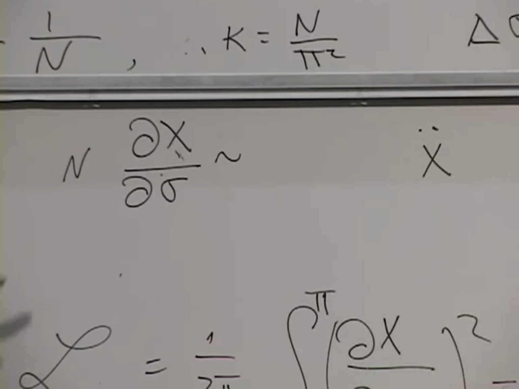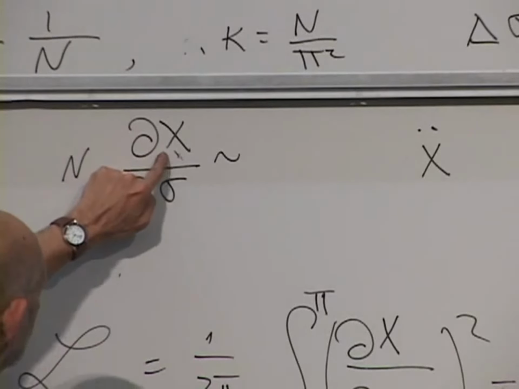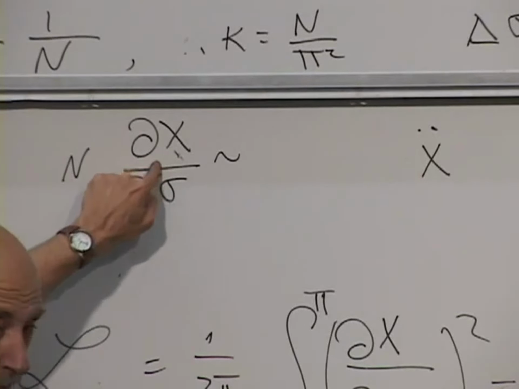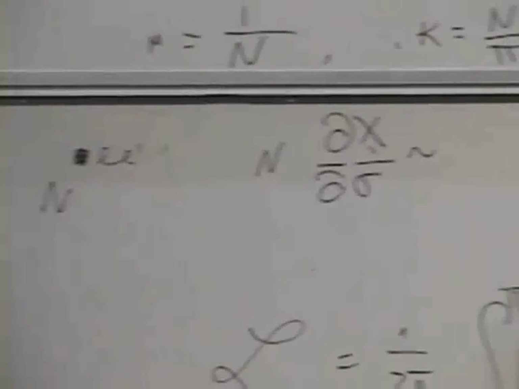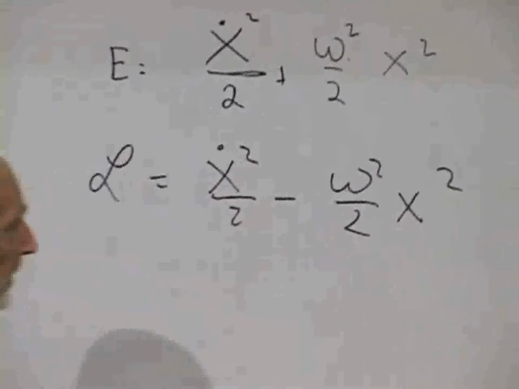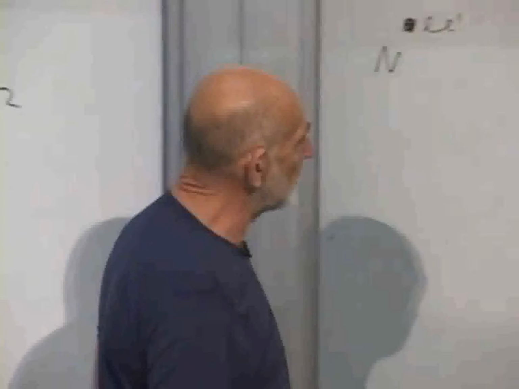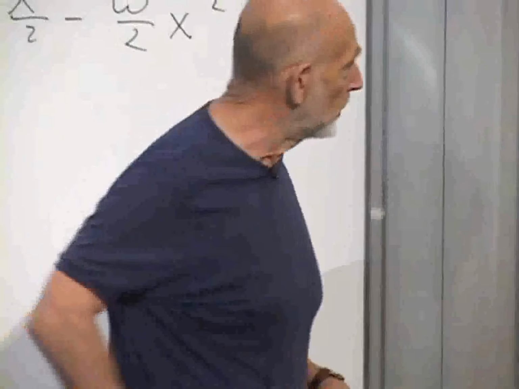The answer is that the right boundary condition at the end of the string is Neumann boundary conditions. So in order to prevent infinite accelerations, which are quite unphysical, in order to prevent the string from having an infinite acceleration at the endpoint, you impose Neumann boundary conditions. dx by d sigma is 0 at the endpoints.